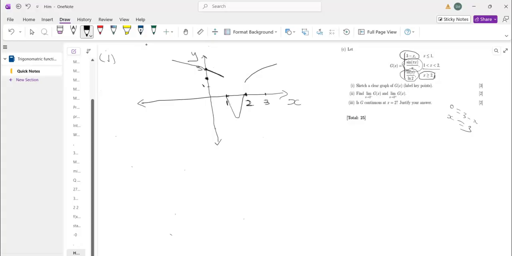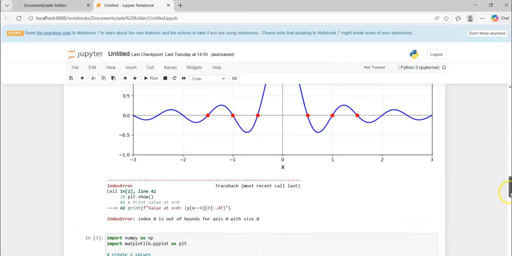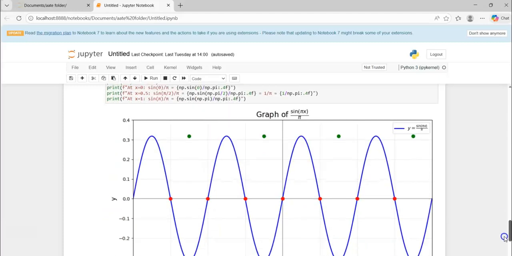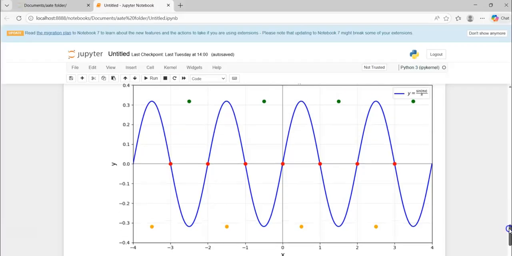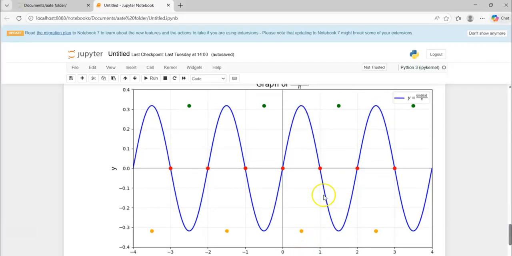Okay, so from here we sketch this function, right? So I'm just gonna show you. I did it on Python. Let me just show you. This is how it's going to look like for sine. And you can see, from 1 to 2, this is how it's going to look like.